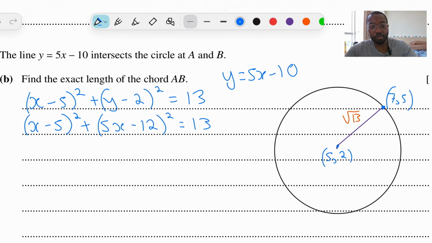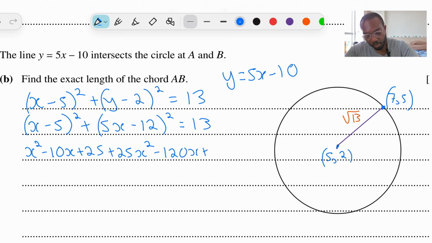And then we just expand the brackets out. We get x squared minus 10x plus 25. And for this one, we get plus 25x squared. 5x times minus 12 is minus 60x, and then another minus 60x, so we get minus 120x, and then a positive 144, and that's equal to 13.